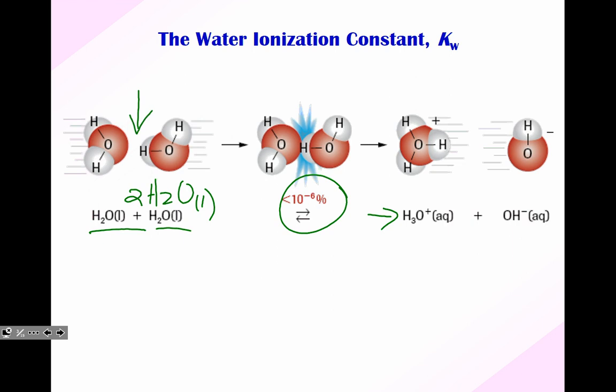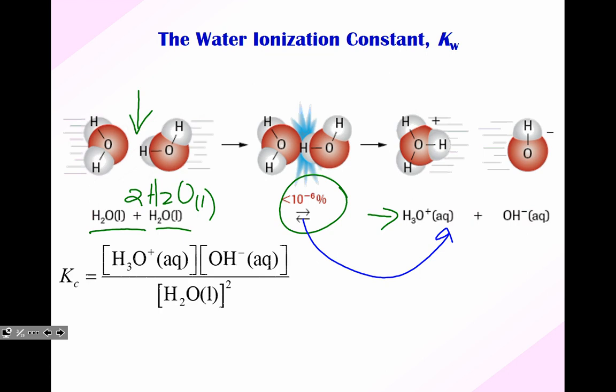That's why pure water, with the instruments that we have, shows up as neutral, even though in real life it does conduct electricity. It doesn't seem to conduct because our instruments aren't very sensitive. But if we use very, very sensitive instruments, we would see a little bit of conductivity due to the fact that a very small percentage ionizes into H3O+, the hydronium ion, and the hydroxide ion.